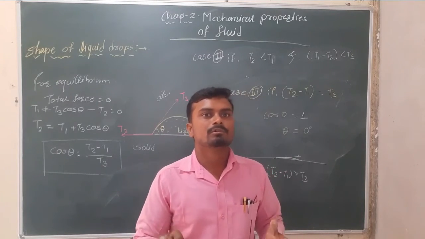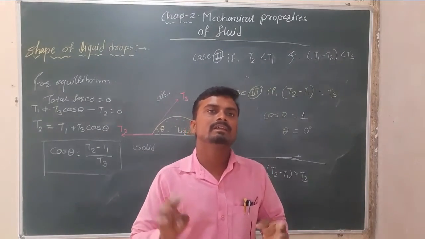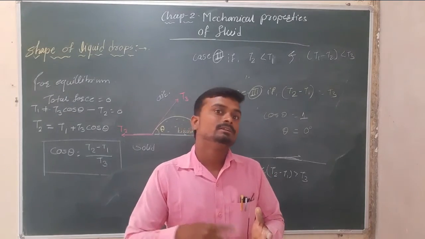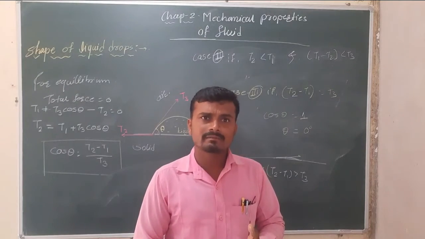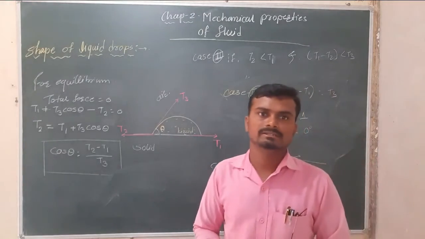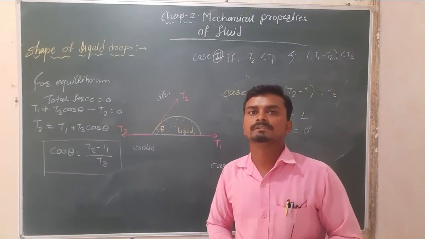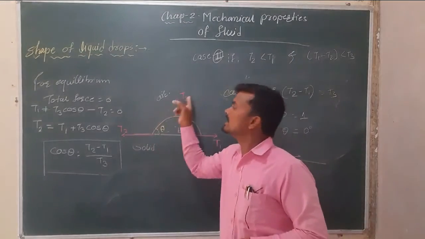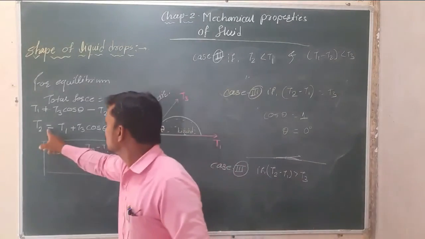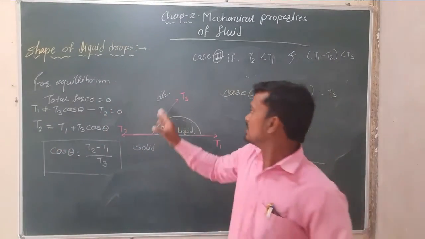Firstly, if we consider a liquid drop, there are three interfaces. The first one is the solid-liquid interface, the second one is the liquid-air interface, and the third one is the solid-air interface. Related to these three interfaces, there are three forces due to surface tension, T1, T2 and T3. For equilibrium, T2 must be equal to T1 plus T3 cos theta. T3 cos theta is the X component of T3.